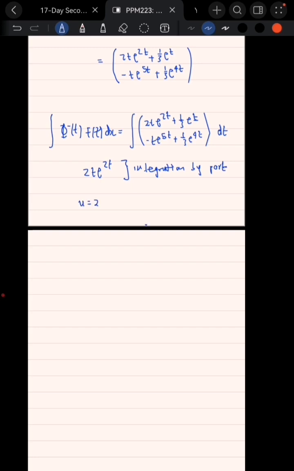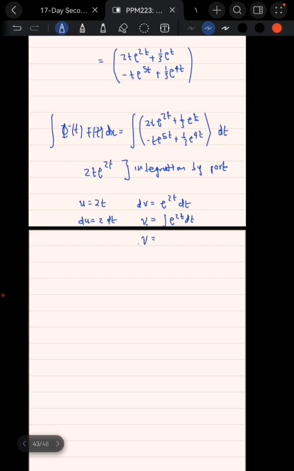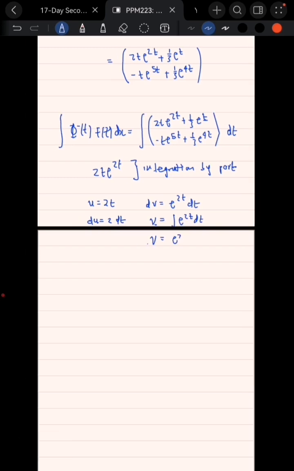u is equal to 2t, dv is equal to e to the power 2t dt. The derivative of u in terms of t is then equal to 2 dt, and then v will be equal to the integration of e to the power 2t dt. Then v is equal to e to the power 2t over 2.